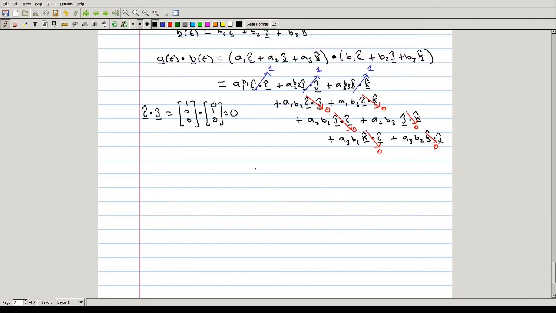In general, this is the correct way of taking the dot product in an arbitrary basis, but with respect to a Cartesian basis, a of t dot b of t is just equal to a1 times b1 plus a2 times b2 plus a3 times b3.